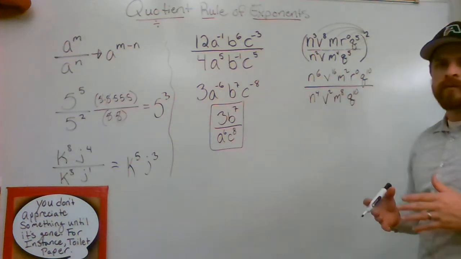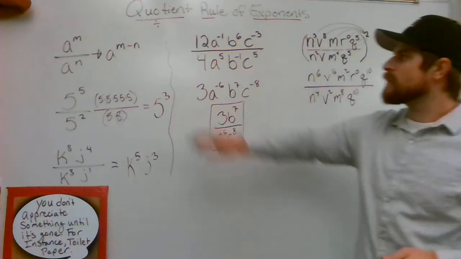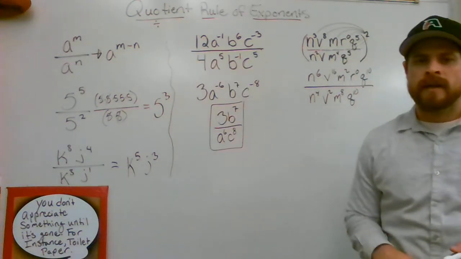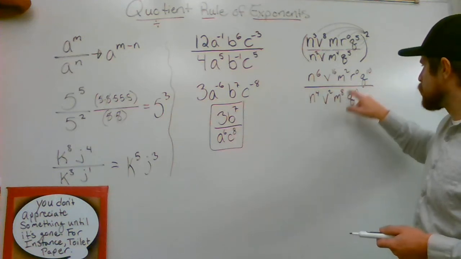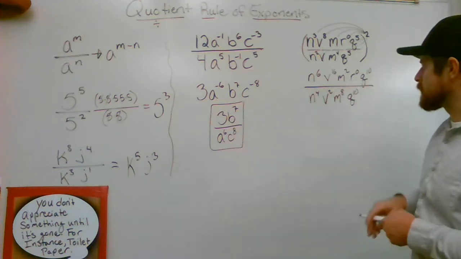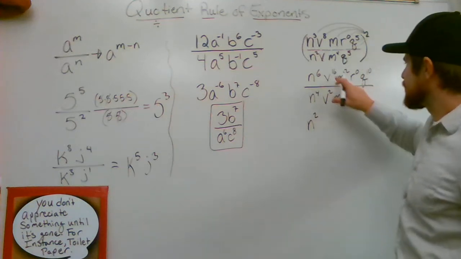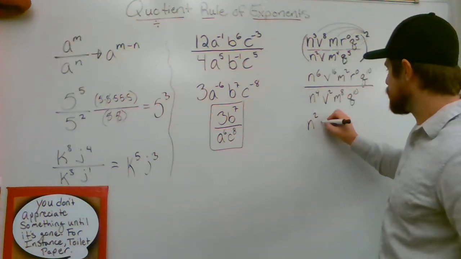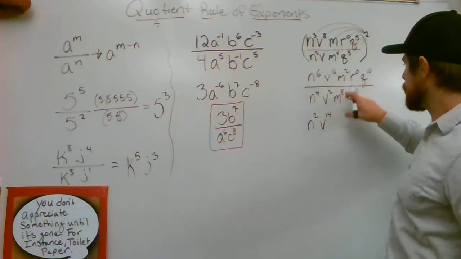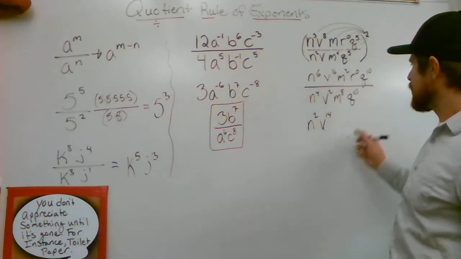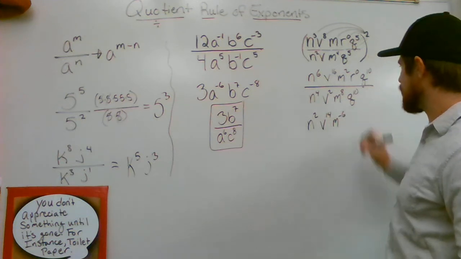And now that we've done the power rule, we use our quotient rule, which is what you are learning in this video here. If we have matching variables, we want to subtract the exponents. 6 minus 4 gives me n squared. 16 minus 2 is going to give me v to the 14th. 2 minus 8 is going to give me m to the negative 6th.